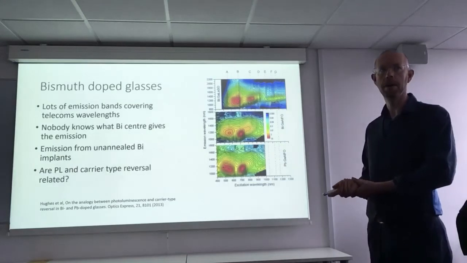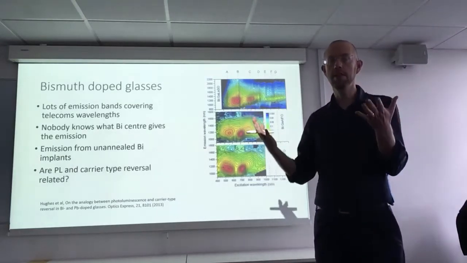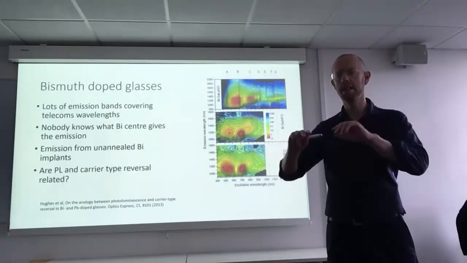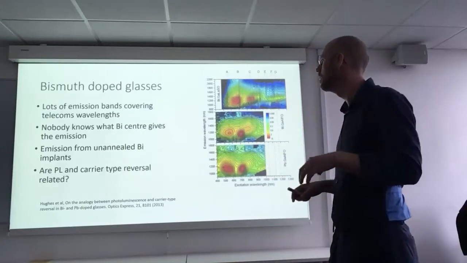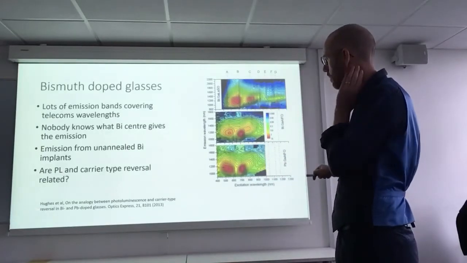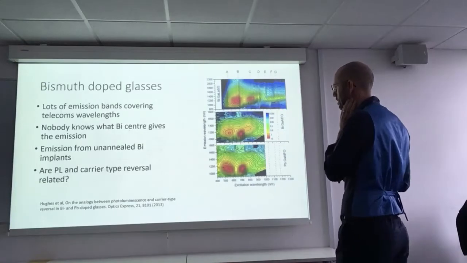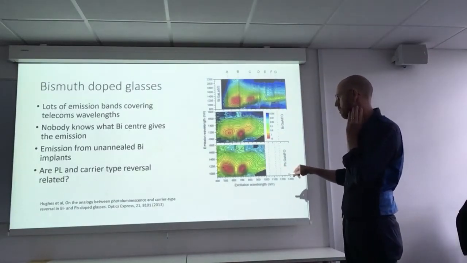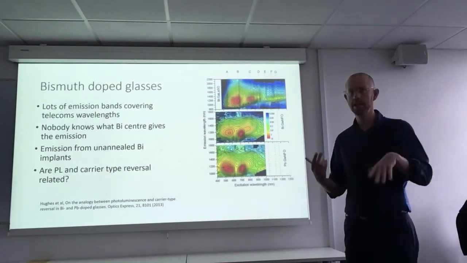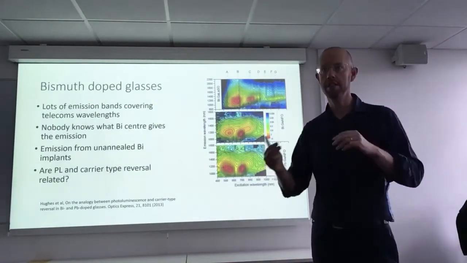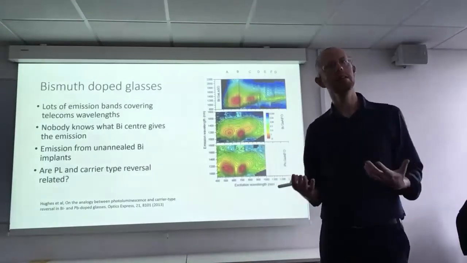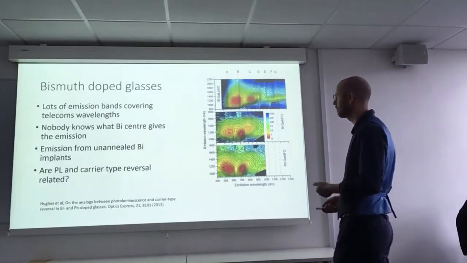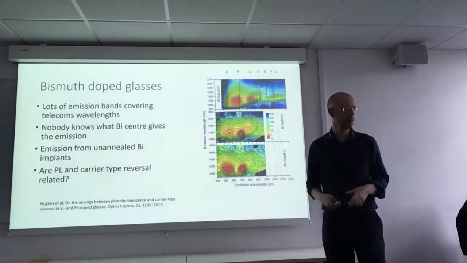They're completely different phenomena, the impurities giving off light, or the impurity changing the electrical characteristics. You'd normally think of them as being completely separate, but I was wondering if they were related to the same bismuth centre. So in this publication, I went over some of the evidence that suggested it was actually the same bismuth centre that caused the carrier type reversal and the luminescence. That was published a little while ago in Optics Express.